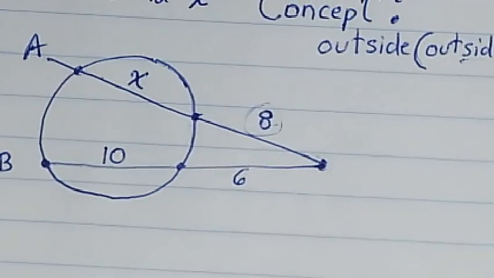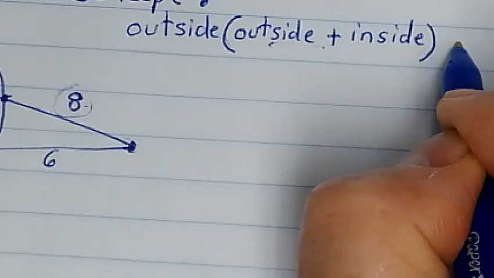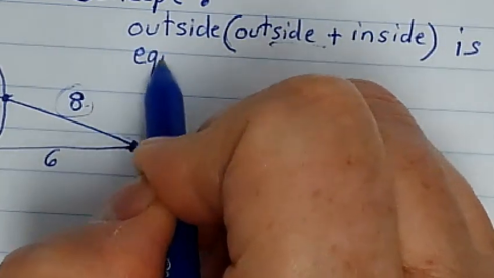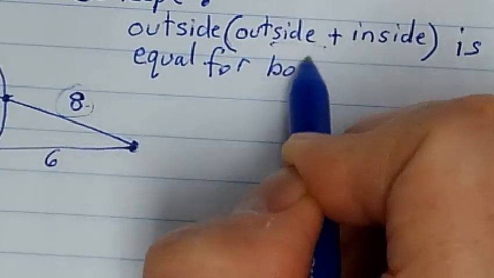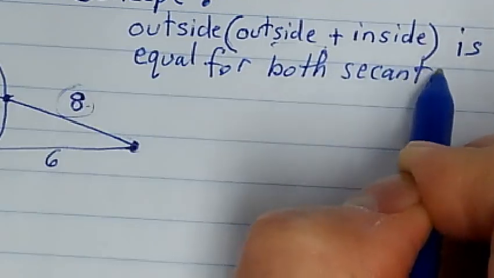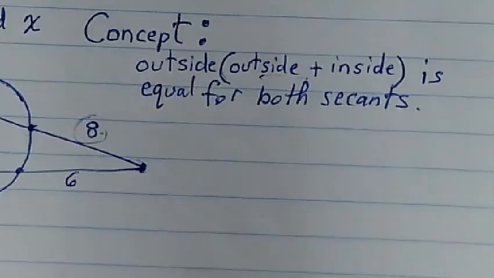That little thing is equal for both secants. Just write that down.